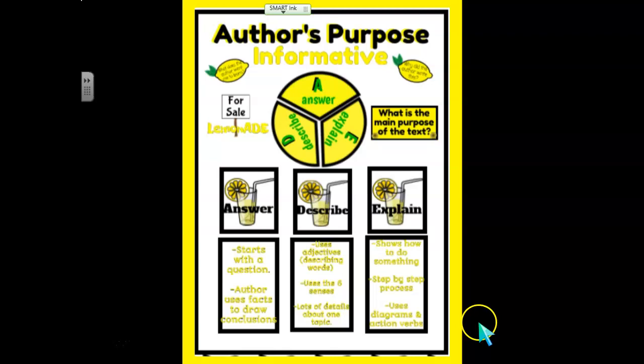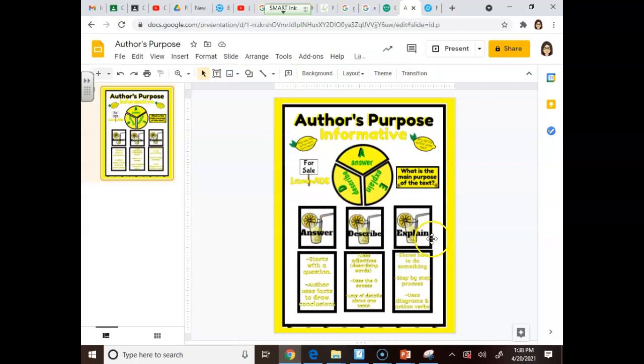All right, we're going to read today a nonfiction article. It's actually a history article. And we are going to figure out why the author chose to write it. What was the main purpose of the text? Does the author want to answer a question, describe something, or explain something to us? So we will read it 2 times and then answer some questions.